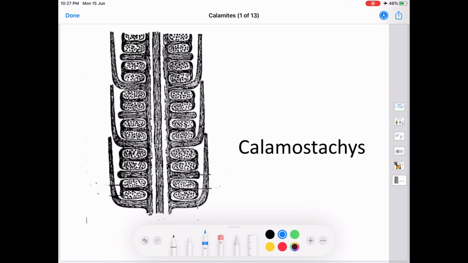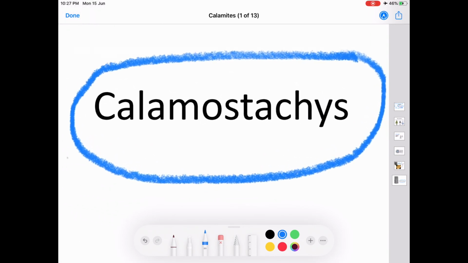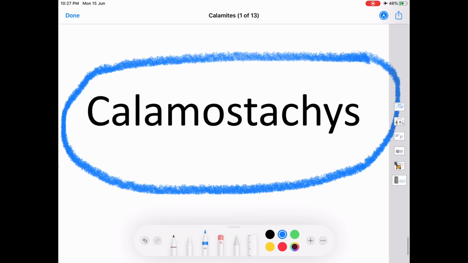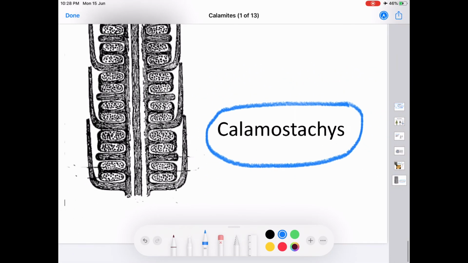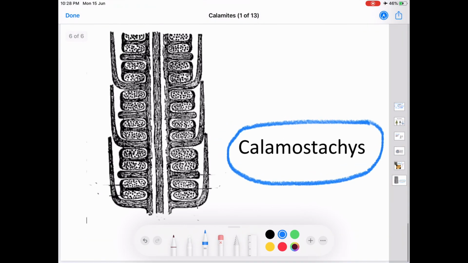The strobilus or the cone associated with the Calamites stem was given the name Calamostachys, and this name is given only to the strobilus or cone associated with the Calamites stem. In this, the strobilus has a central axis.